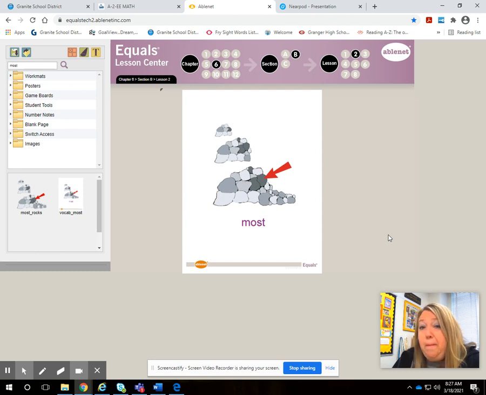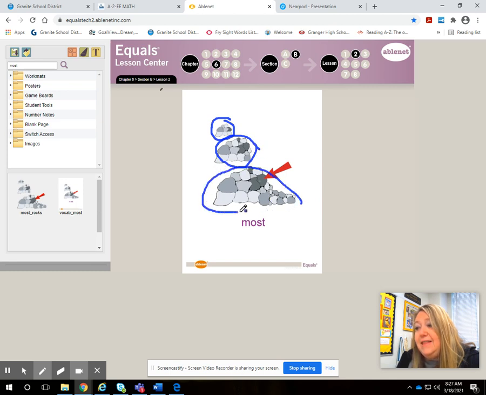But on that other worksheet, it talked about the most, right? The one with the most is the biggest, largest amount. So you can see on this vocabulary card that there's a small amount right here and then a little bit bigger amount right here, and this one has the most rocks. It's the biggest pile. It has more than these other groups.